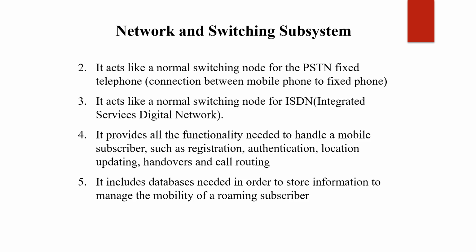Again, it provides the various functionality needed to handle mobile subscribers such as registration, authentication, and location update, and it also includes the databases in order to store information to manage mobility of roaming subscribers. Okay, so it performs the network and switching tasks related to your mobile network.